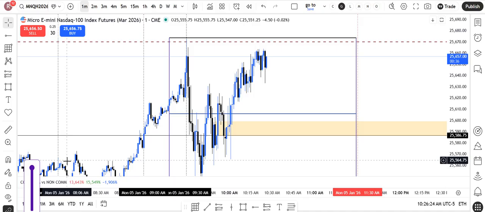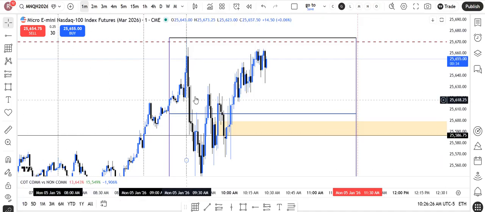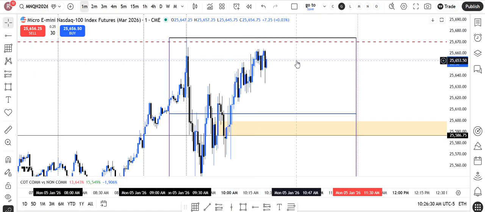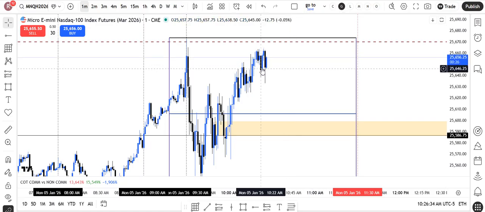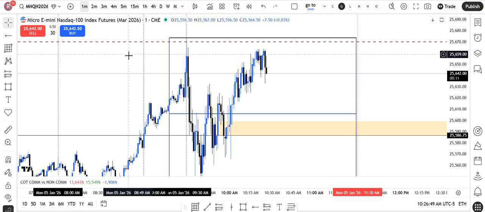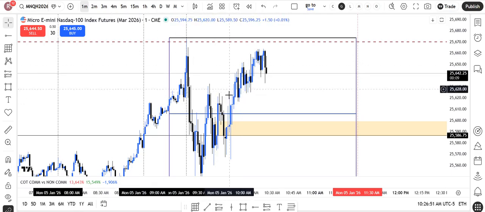Okay, sorry again. Anyways, so it got below this low, but did it show a willingness that it wanted to stay below it? No, it just wicked right through it. Where did the body close? Above. First of all, it even closed above this candle's close. So I'm still not. All right, that ain't bad. I like that. I want it to gravitate towards these lows here, please.